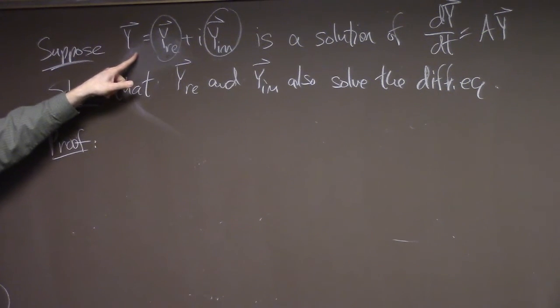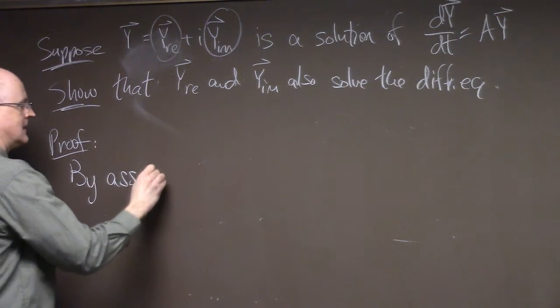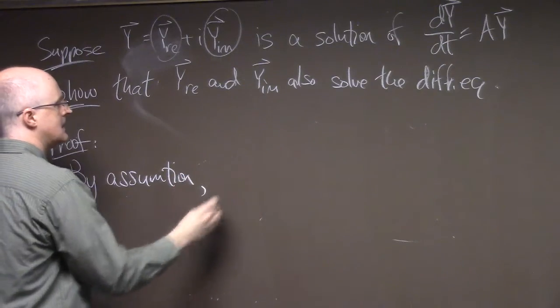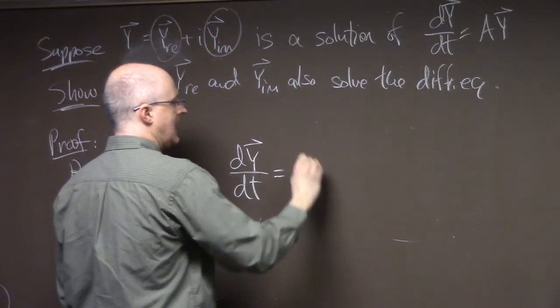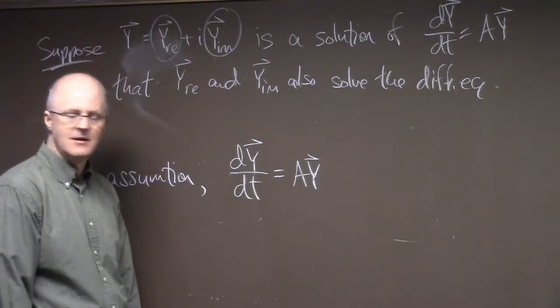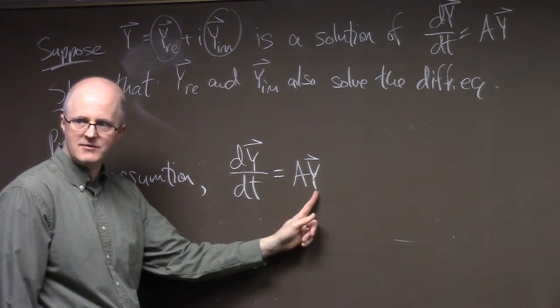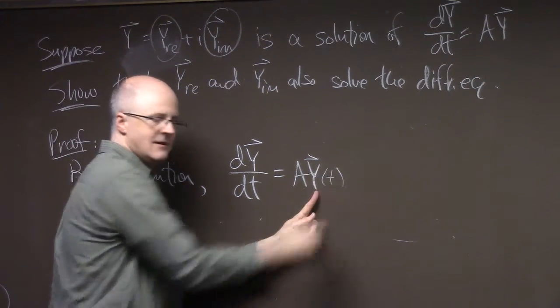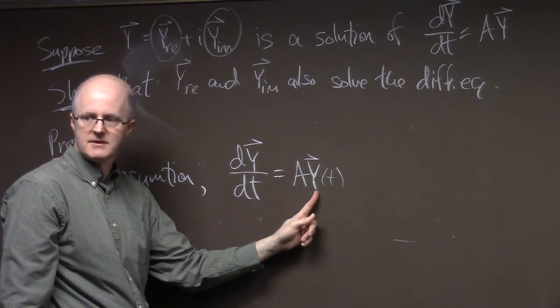Since we're assuming this, you can say by assumption, dy/dt equals A times y for all t. There's really a t there. I'm not writing it. y is a function of t. I could put a t here. This is one situation where I'll let you be a little sloppy there.